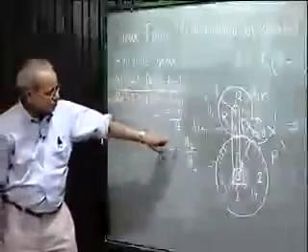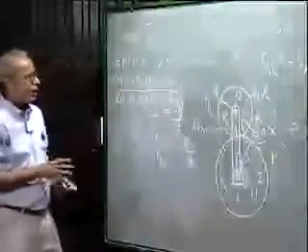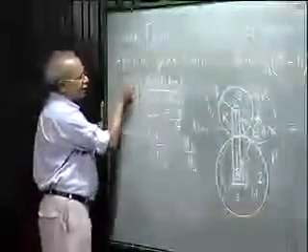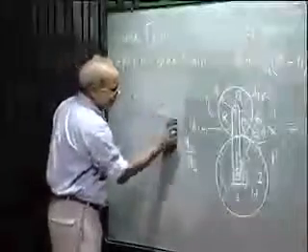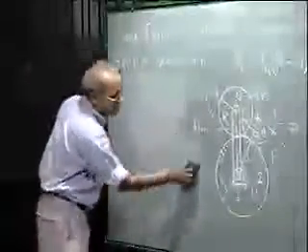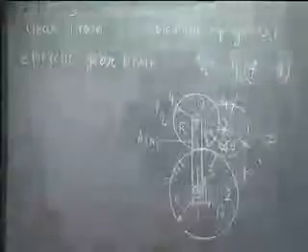Rotation of 4 by rotation of 2 is minus N2 by N4. This forms the basis of analyzing an epicyclic gear train in a mechanical way. We have to only remember that it is the relative rotation with respect to the arm that follows the train value given by the number of teeth.